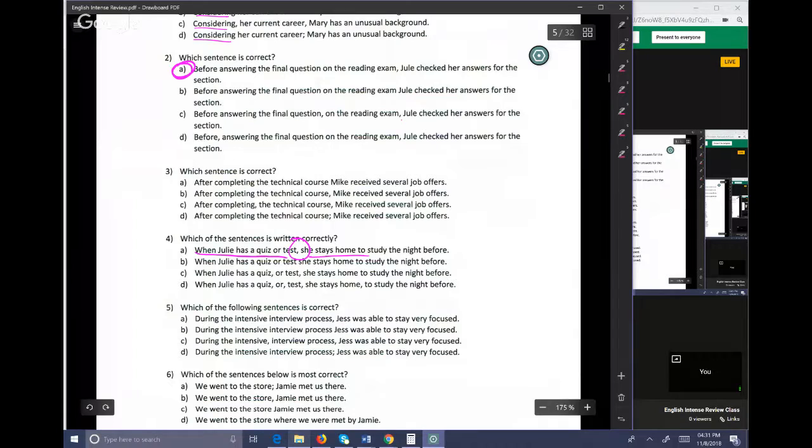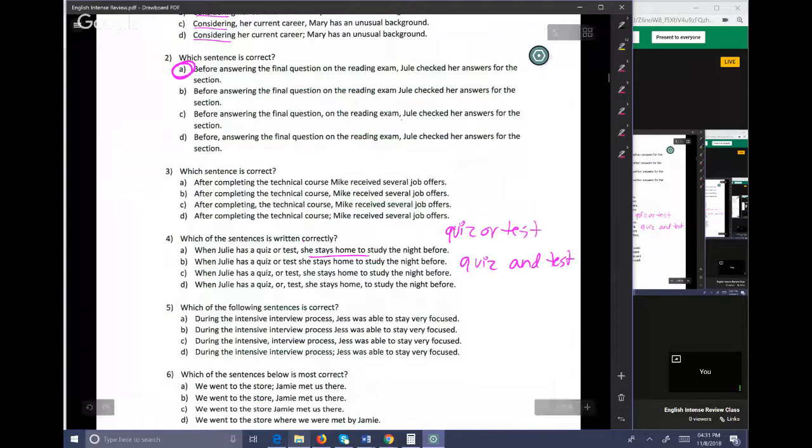The reason that I picked this as one of the ones that we talk about and look at is because ultimately, there is kind of like a little list in here, which is the quiz or test. So remember that it's a list whether we say and or whether we say or. So if we said quiz and test or quiz or test, that functions exactly the same way.